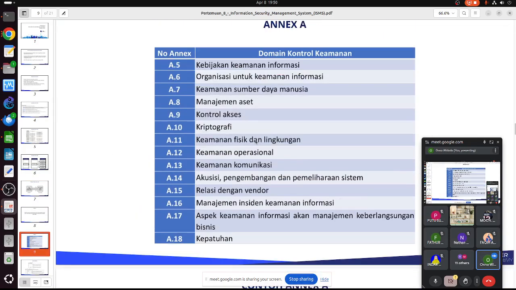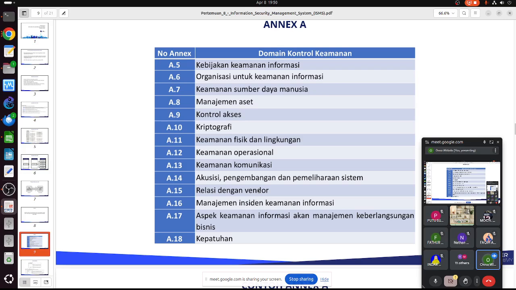What kind of controls do we have? We have policy, compliance, access control, cryptography, physical security, operational security, communication security, acquisition, vendor relation, and so on.